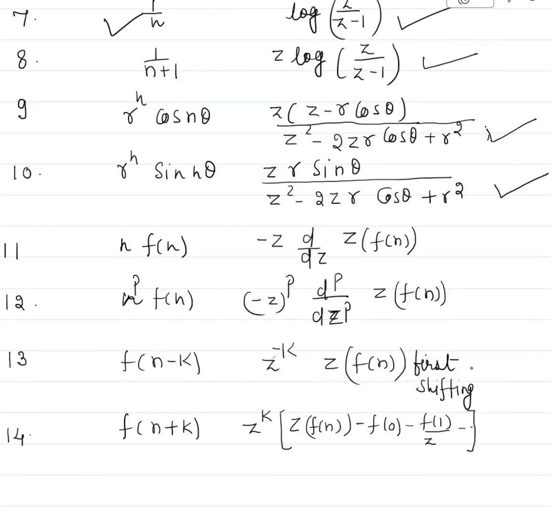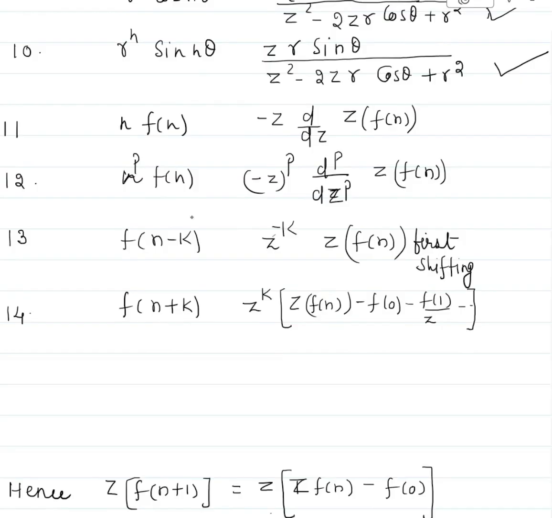Now see, suppose your function is multiplied by n, and you want to solve it with the z transform. What we can do is use this formula: if it is multiplied by n, you simply put minus z and differentiate the z transform with respect to z.